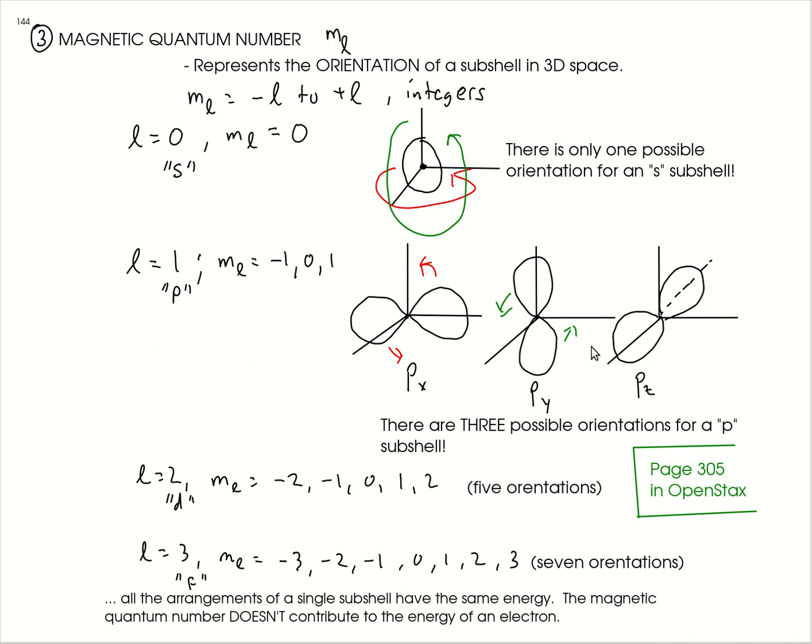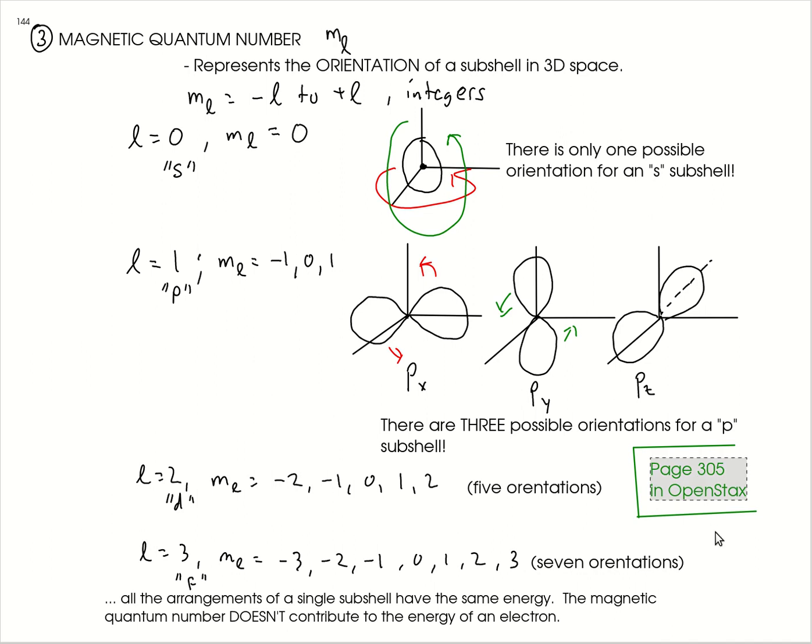Now, why is this important? It's important because every one of these orientations, this one, and this one, you can see cover a different space around the atom. And each one of those can contain electrons. And as you notice, the more complicated the shell is, the more possible orientations it has.